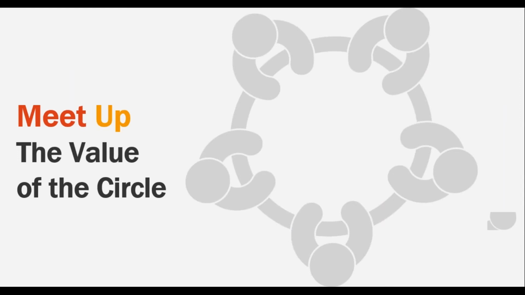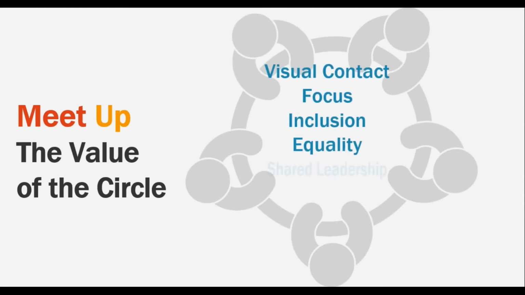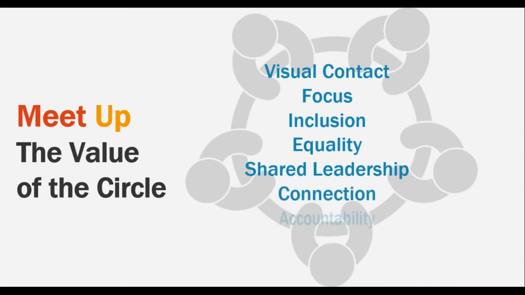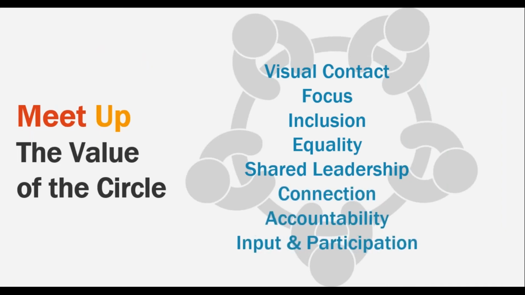At this time of the year, it's a good reminder to reflect upon the importance of meeting in a circle. Sometimes we think it's just easier to hold meetup with the students sitting in rows or maybe at their desks. But let's go back to the value of meeting in a circle. Circles are a symbol of unity and cooperation.